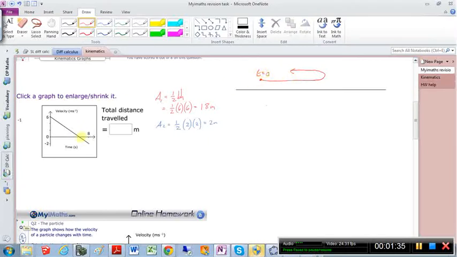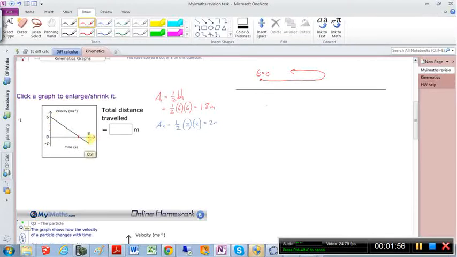Now, at this point here, where the velocity is 0, we haven't got a function to look at, so we can't work it out using algebra. But we can use some reasoning here. Look, if we think about these two triangles as being similar triangles, we know they're similar because they've both got a right angle and they've both got this opposite angle here.